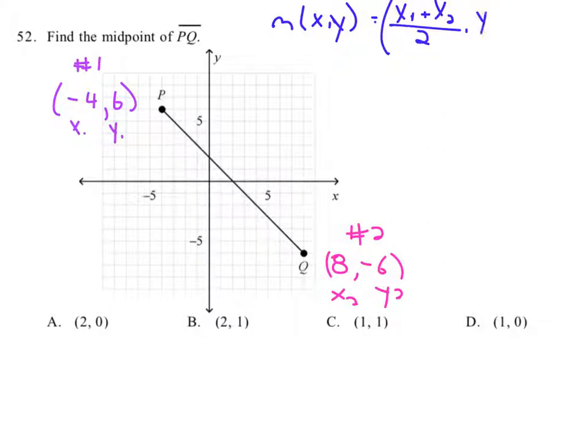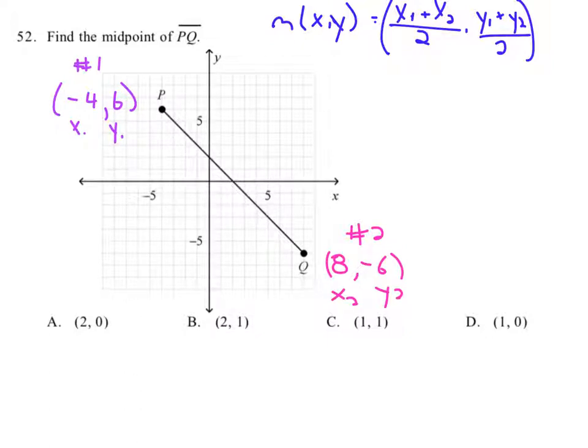We're averaging it for that one. And then the y1 plus the y2, also divided by 2. We're averaging that. Okay? Sorry, my screen is glitching out a little bit.